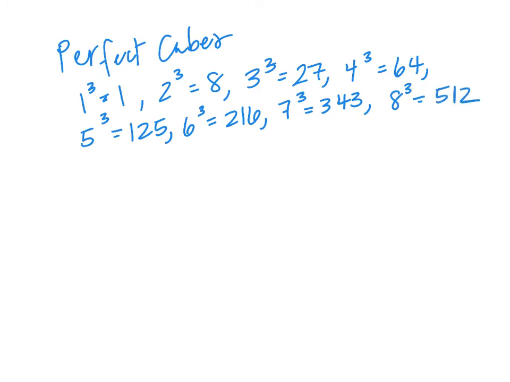So 1 through 8 of the perfect cubes are good to know by heart because they do come up frequently. As always, you can use Desmos, but it's nice to know those.